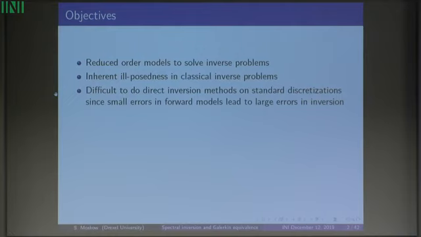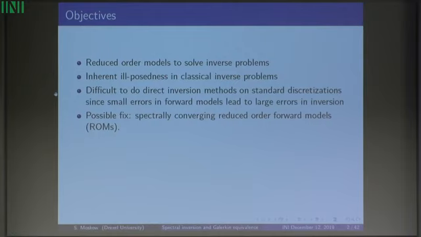So what's the problem? If you just did a straightforward piecewise linear finite element method to solve your forward problem, or any kind of straightforward simple forward discretization, these errors in the forward model lead to extremely large errors in the inversion. One possible fix is to use a spectrally converging reduced order model, a very small order spectrally converging model.